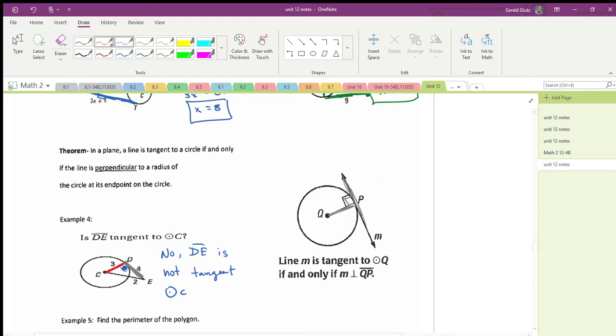Now, if you look to the right, PM is a tangent line.